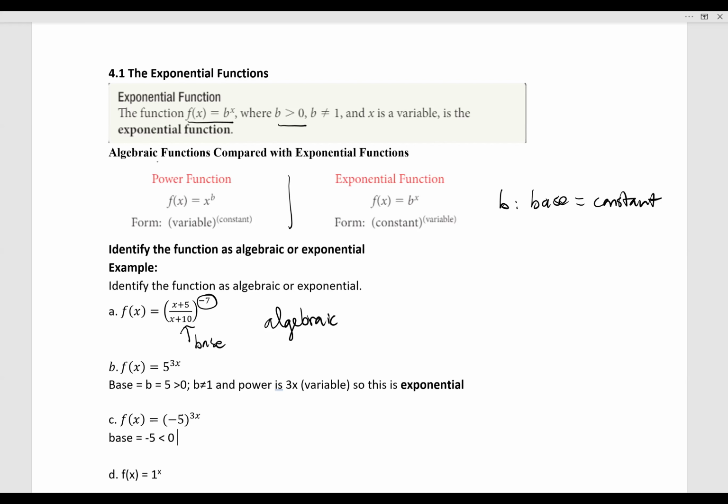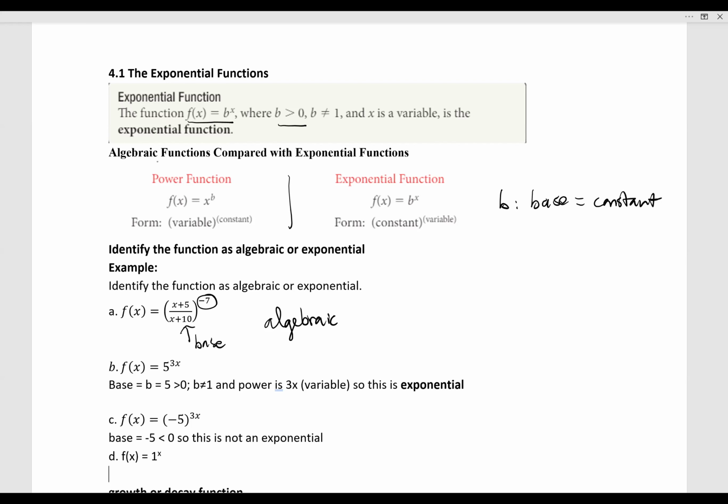So I would say it is not an exponential, because this is a special case that is neither algebraic nor exponential.